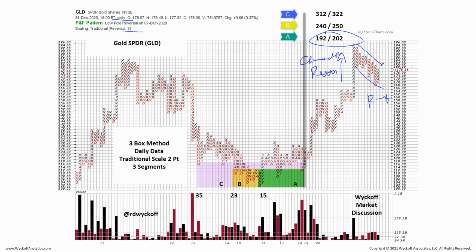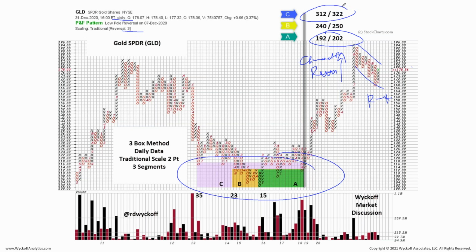And so I would be looking for this to morph into a reaccumulation that can be counted for the move up to that 240, 250 level. And then you can see there that there's a count of the whole base that goes to 312, 322.